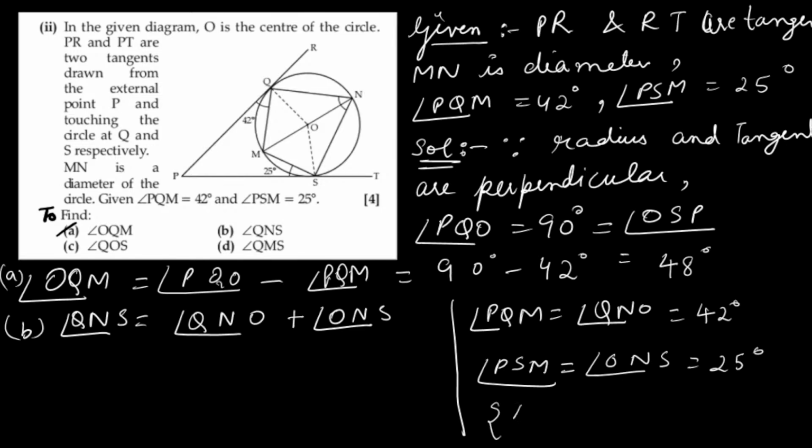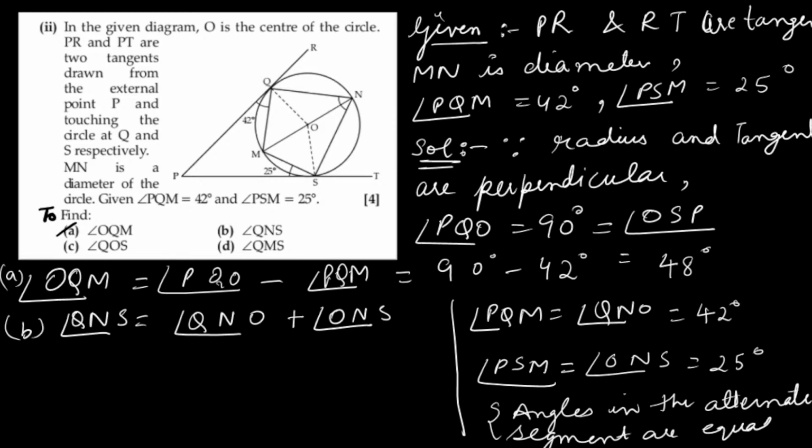So the reason you can write: angles in alternate segment are equal. The angle is between chord and tangent. Full sentence you have to write. If the angle is between chord and tangent, then angles in the alternate segment are equal.